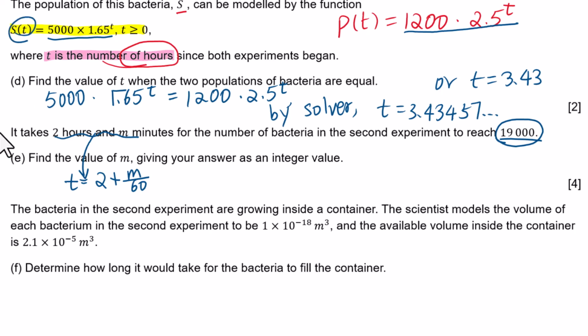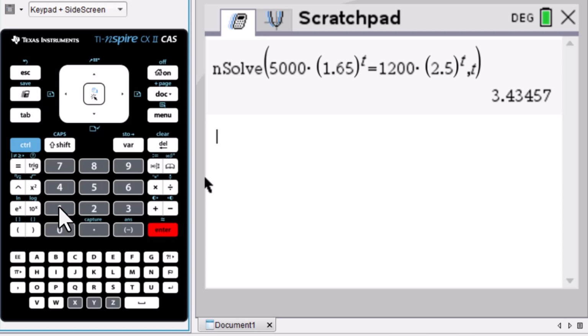So we get the equation 19,000 equals 5,000 times 1.65 to the 2 plus m over 60's power. Then by solver, type in the whole equation first.